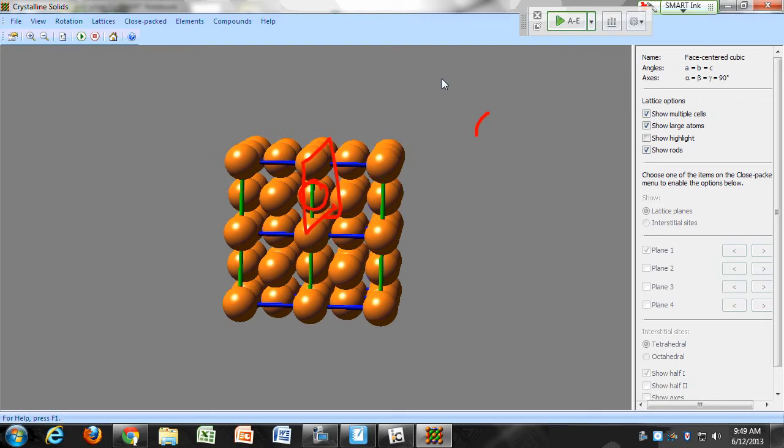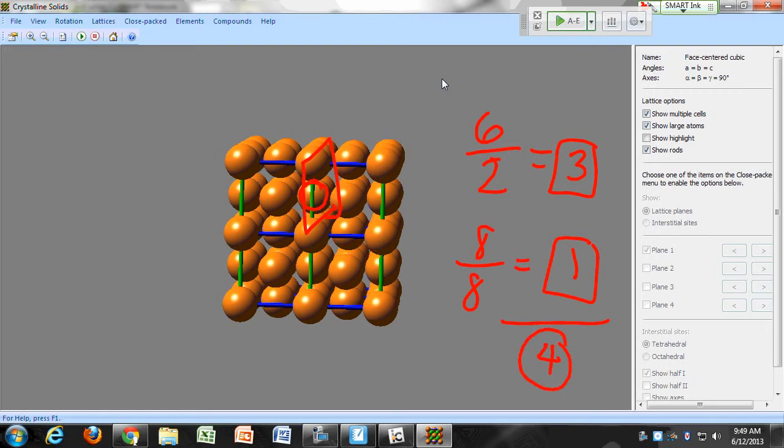So if you have 6 faces, but only half of the atoms on those 6 faces belong to the cell, 6 divided by 2 would be 3. Plus 1/8 of the 8 atoms in the corners, that gives you effectively how many atoms belonging to a face-centered cubic cell? Total of 4.